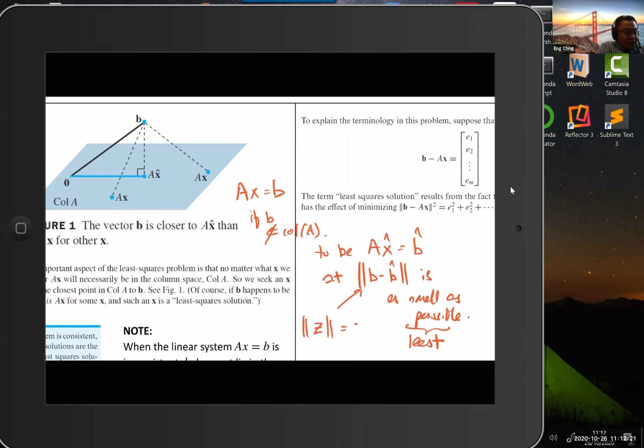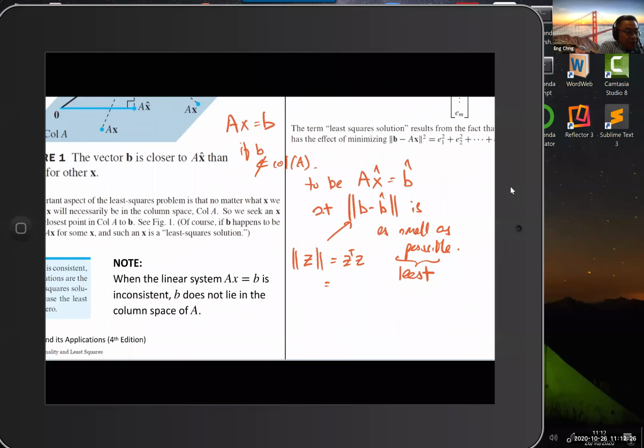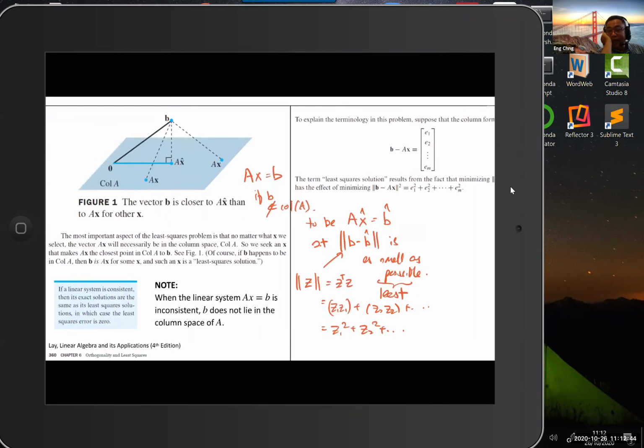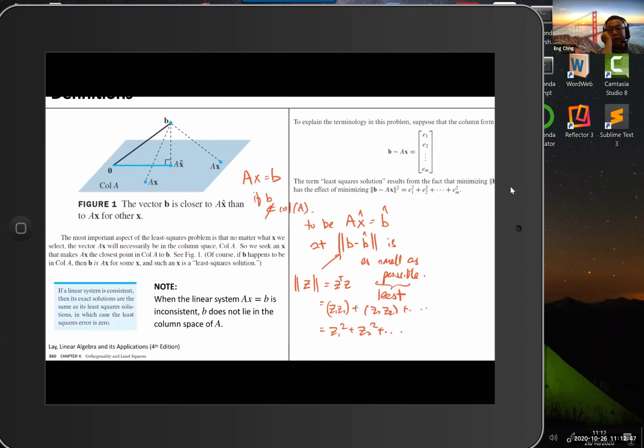Isn't this Z transpose Z? Isn't this, for example, Z1 square plus Z2 square and so on? So that's why the word least squares comes in. We want to find the length, in terms of the norm, by Pythagoras theorem, to be as small as possible.